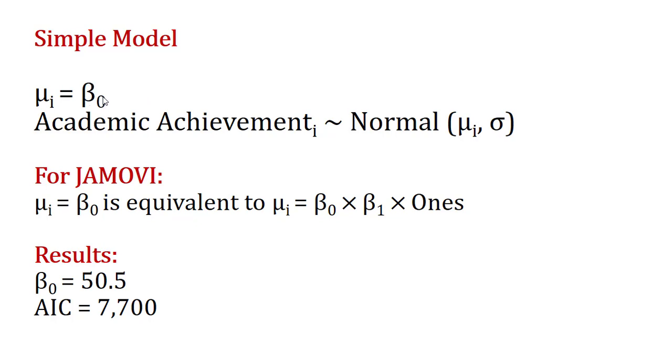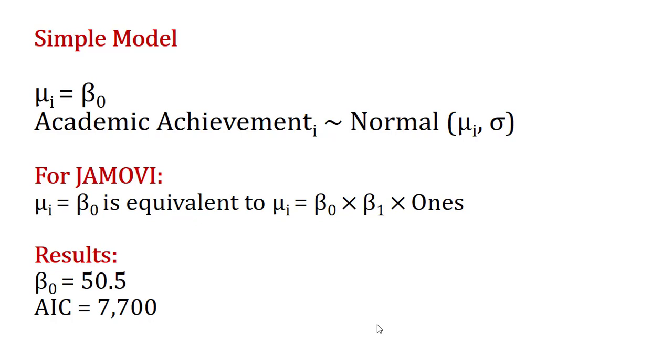Beta 0 is only one value, so this formula tells us that all the values mu will be the same, because if they were not the same, then we should have a subscript i here, and we don't. So basically it's a very bad model, because we are going to predict the whole sample of values of academic achievement with only one value.